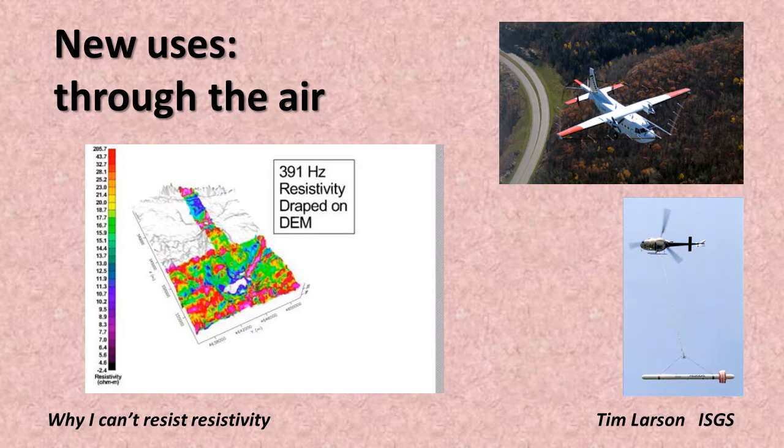Electromagnetic induction, it's a variation on resistivity, and it can be done from the air. Now, although they're expensive, airborne surveys have the potential to provide continuous, high-resolution 3D images of the subsurface.